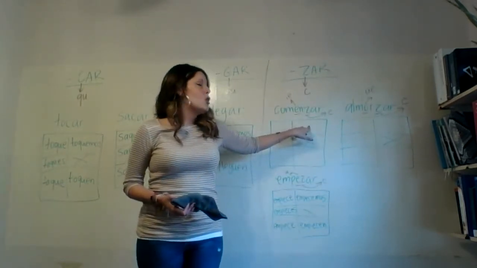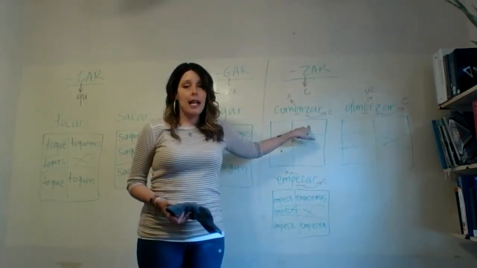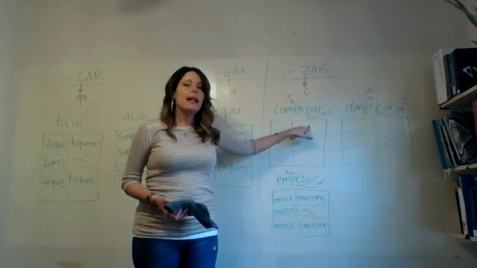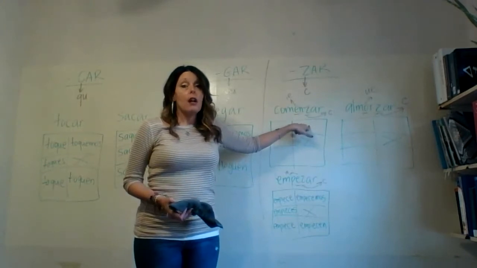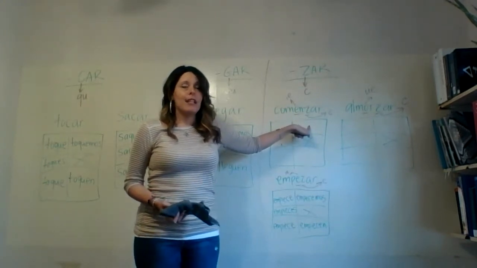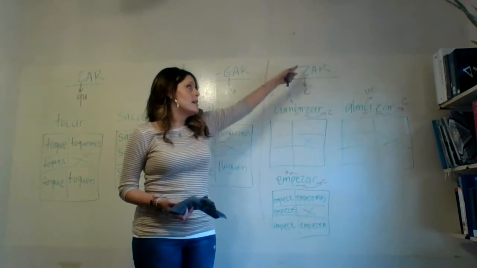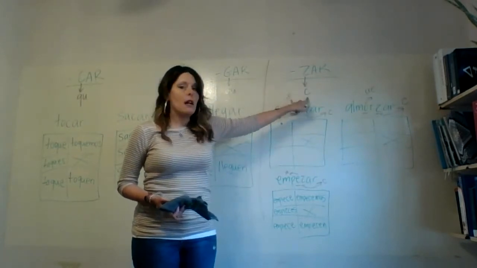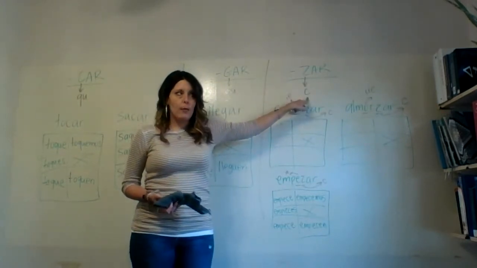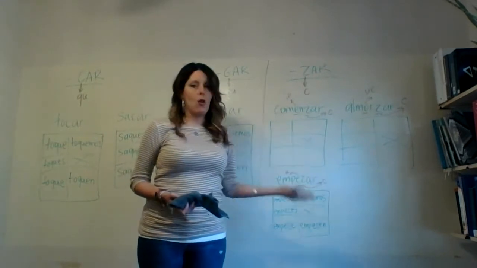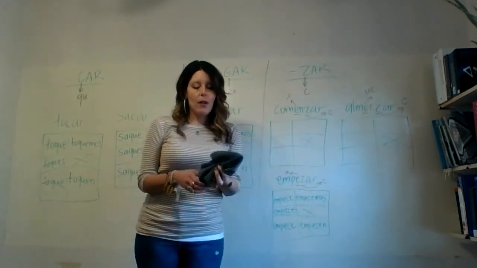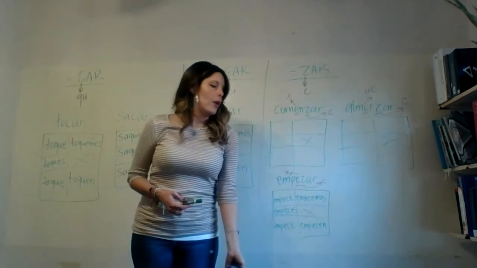So that E to IE stem change will not happen in the nosotros conjugation. But the thing to remember is that this Z changing to a C, because it's a zar verb, will happen in every single box. So a couple of different things to remember, but here we go.